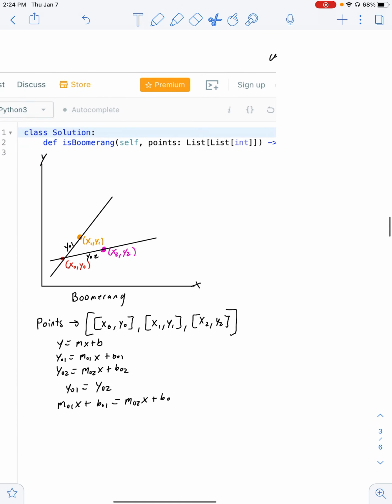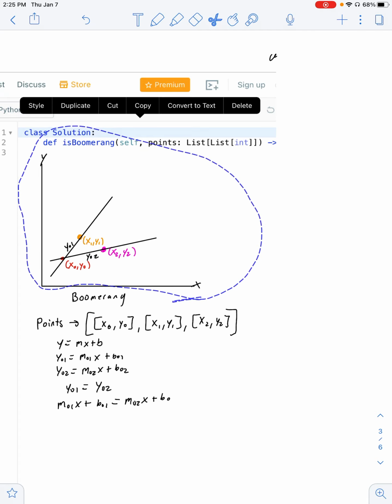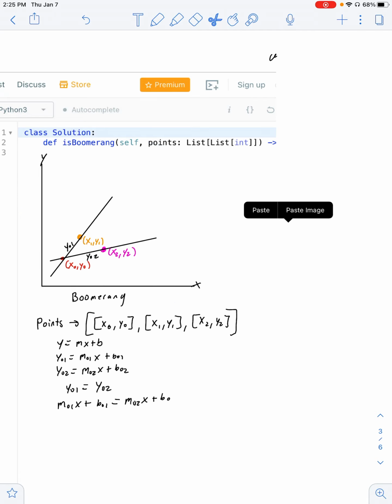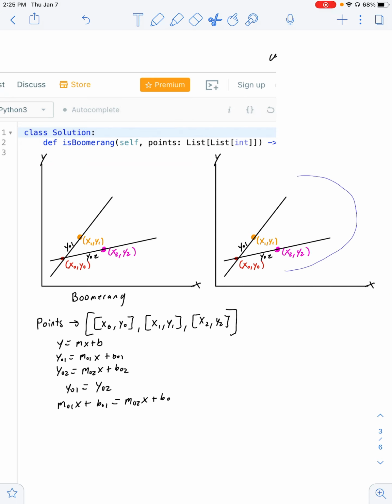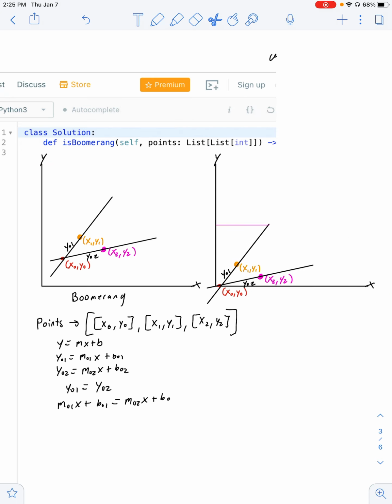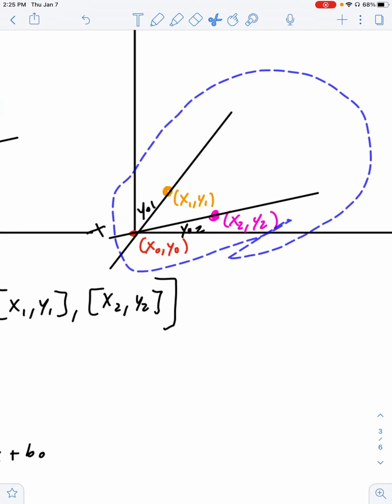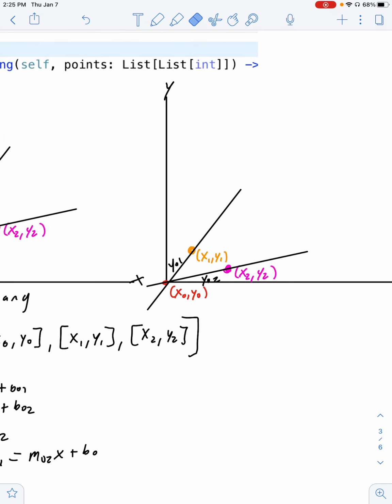If I wanted to take this system and move everything down this much, the implication here would be that these terms are going to change, because now what I'm doing is taking x0 minus x0 and y0 minus y0.